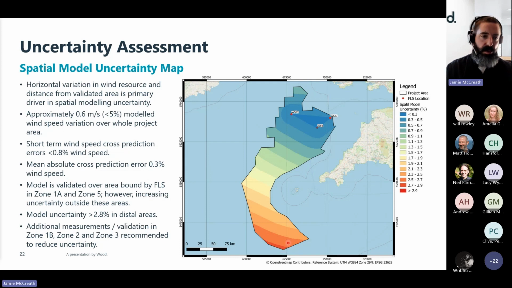This basically shows that for any development in this northern area, there's going to be good certainty in the measurements that are used, and it's going to be suitable to underpin a bank assessment.